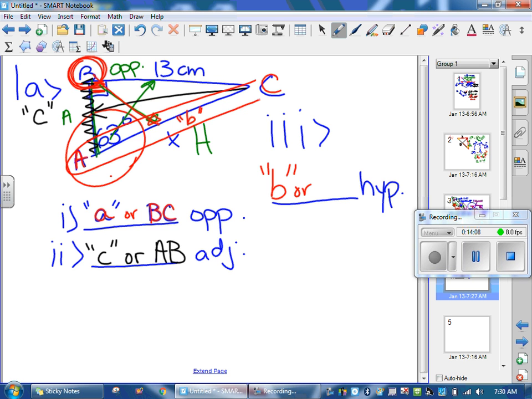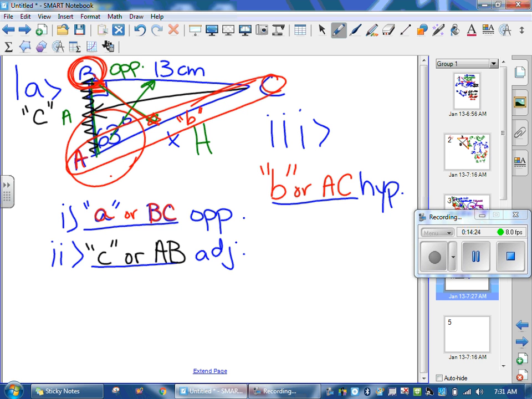Okay? So there's many different ways to name those angles and those sides according to the angles. Let's take a look at, you can try B yourself. Let's take a look at number 2.